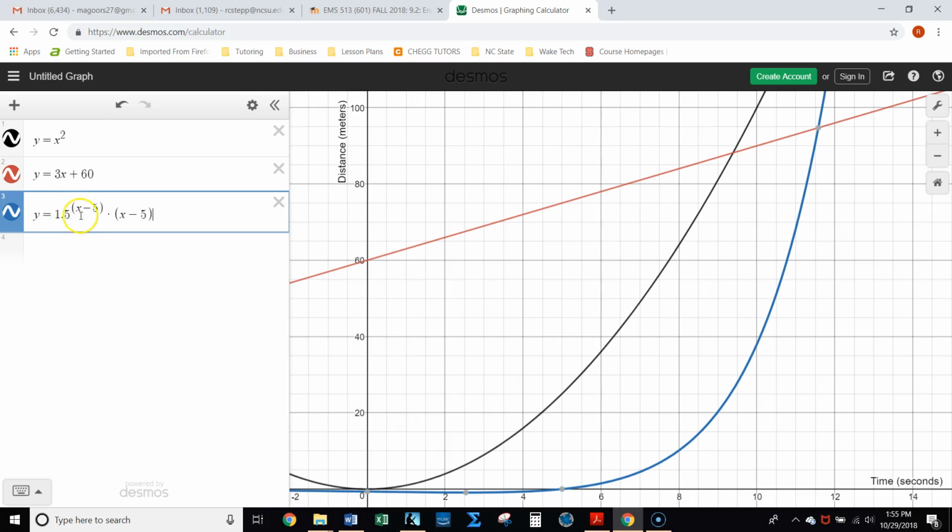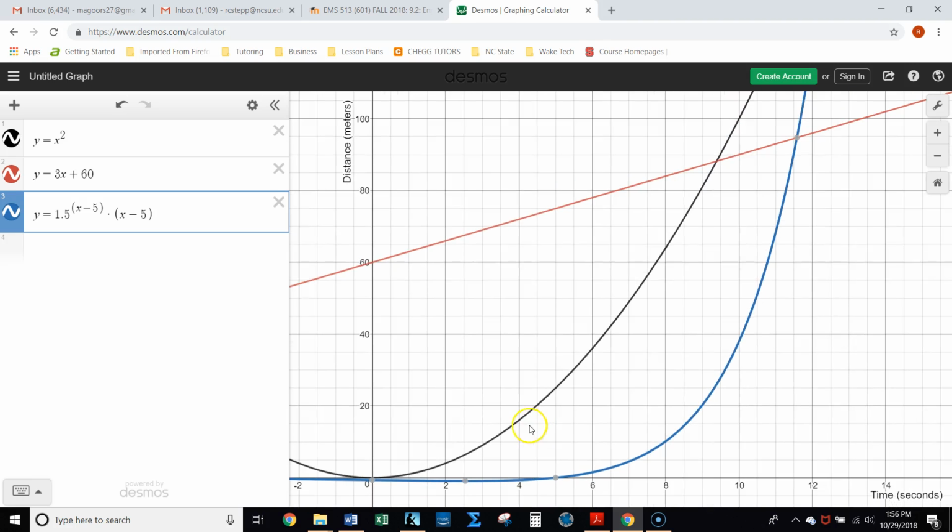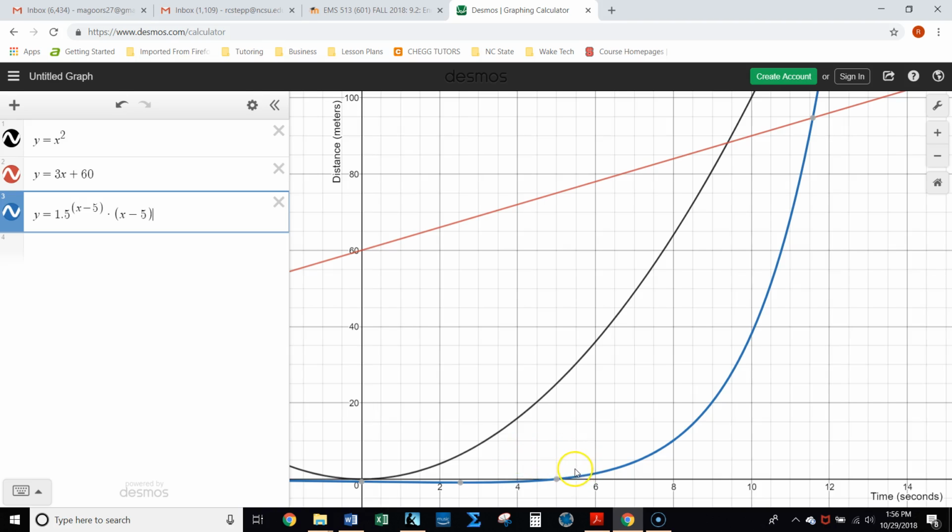So at 5 seconds, he would be going 1.5 meters per second. And at, say, 6 seconds, he would be going, I'm sorry. So he wouldn't be going anywhere at 0 seconds, but at 6 seconds, he would be going 1.5 meters per second. And that's times the distance here.